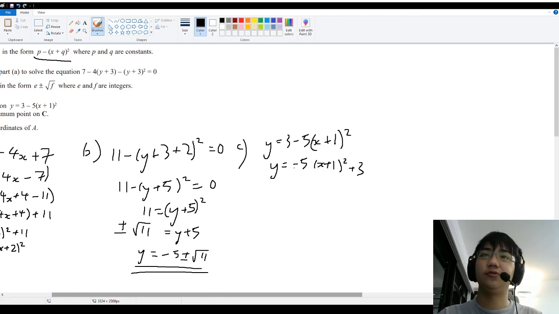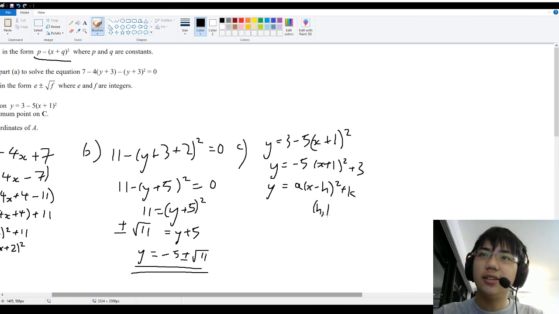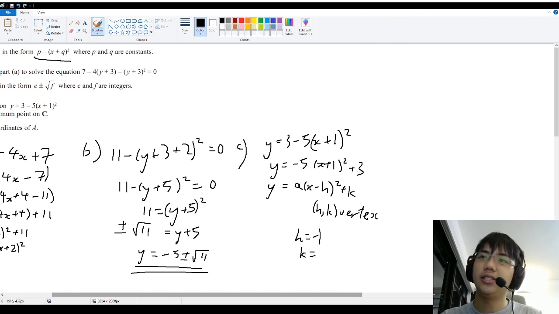Vertex form. Yes, vertex form. So for vertex form, y equals a constant times x minus h squared plus k, where h, k is the vertex. So the h here, since this is plus 1, h is equal to negative 1, and k equals 3. Therefore, the vertex is negative 1, 3.